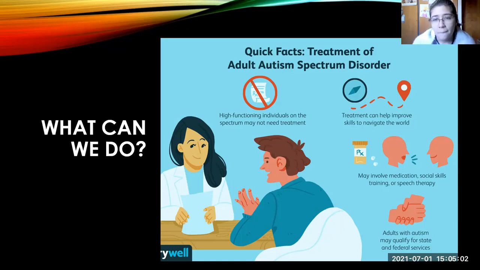Treatment may involve medication, social skills training, or speech therapy. This is really good for those who find social interaction a really hard step, but they must do it because they need to get involved in their lives as adults, as everybody expects. Adults with autism may qualify for state and federal services. This means that maybe not all workplaces accept people with this kind of condition because they think that they are retarded or not able to do something, which is not true.